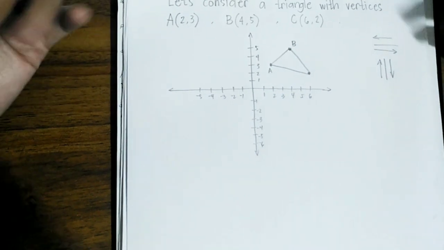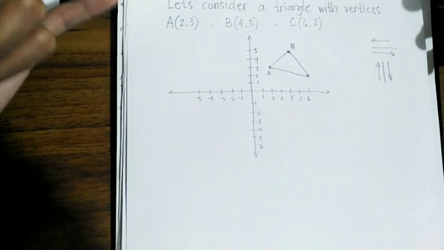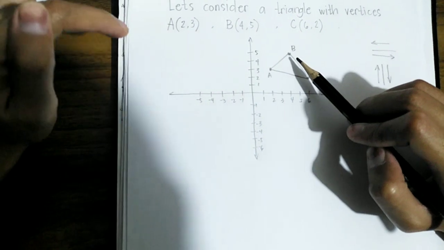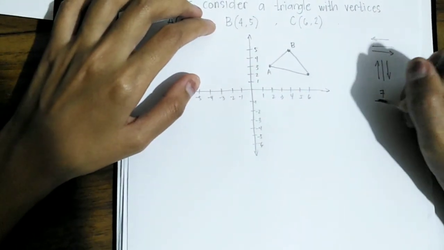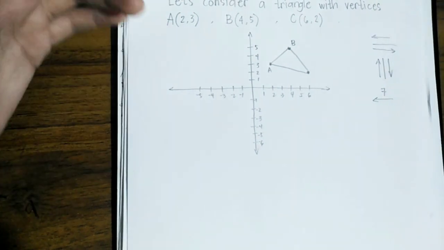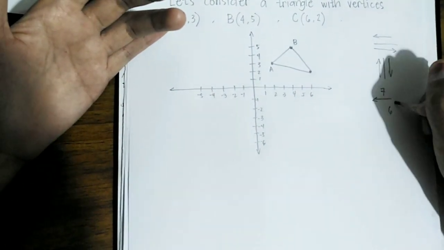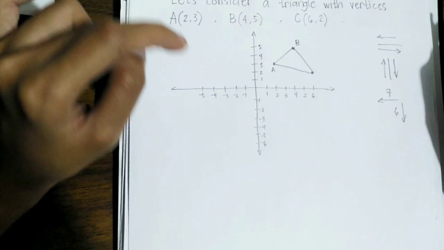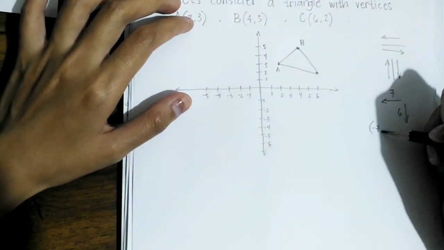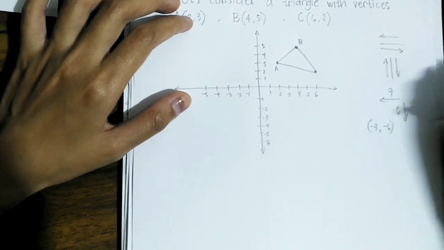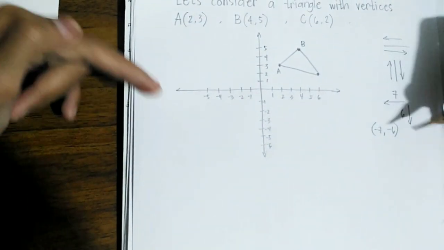So for example, in this case, if you want to move the triangle 7 units to the left and 6 units down, the translation vector here would be (-7, -6). So that is step 2.